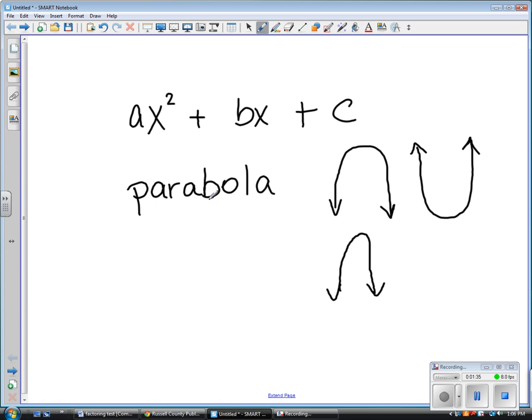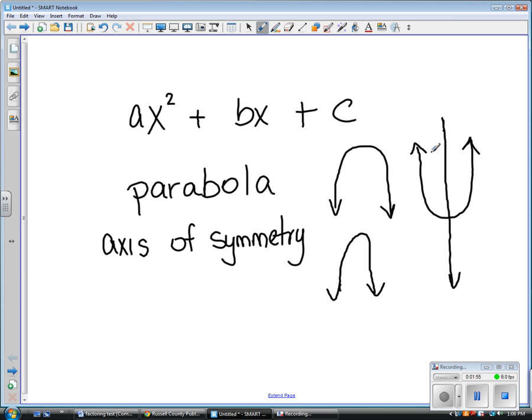Now, if you think about this parabola, within this we're going to have what we call an axis of symmetry. We used to do symmetry when we were in kindergarten and first grade. But if you remember, symmetry says it's an imaginary line drawn in here that, if I was to fold this, it's the same on one side as it is on the other.